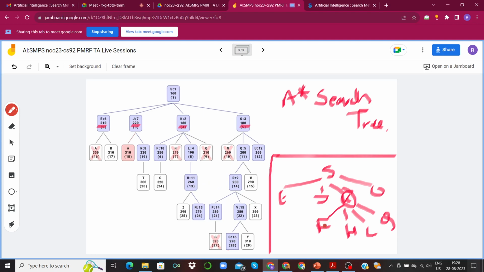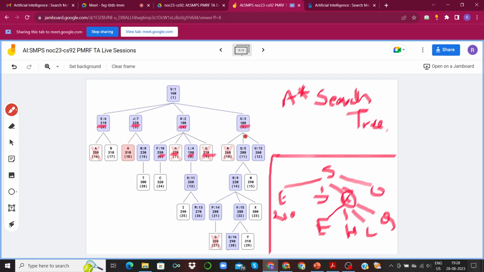Out of these, so now the possible options are E with cost 210, J with cost 220, F with cost 250, H with cost 270, L with cost 190, Q with cost 210, and O with cost 180. Out of all these, O is the best looking option, right?